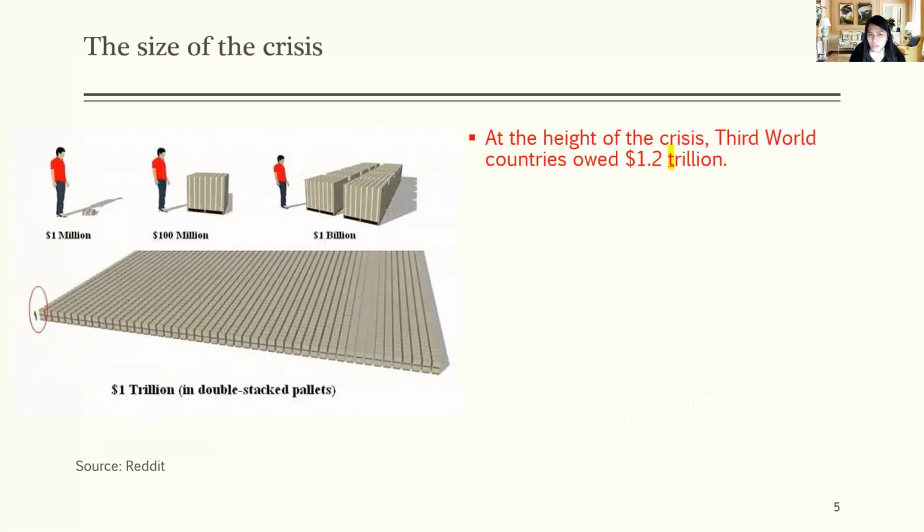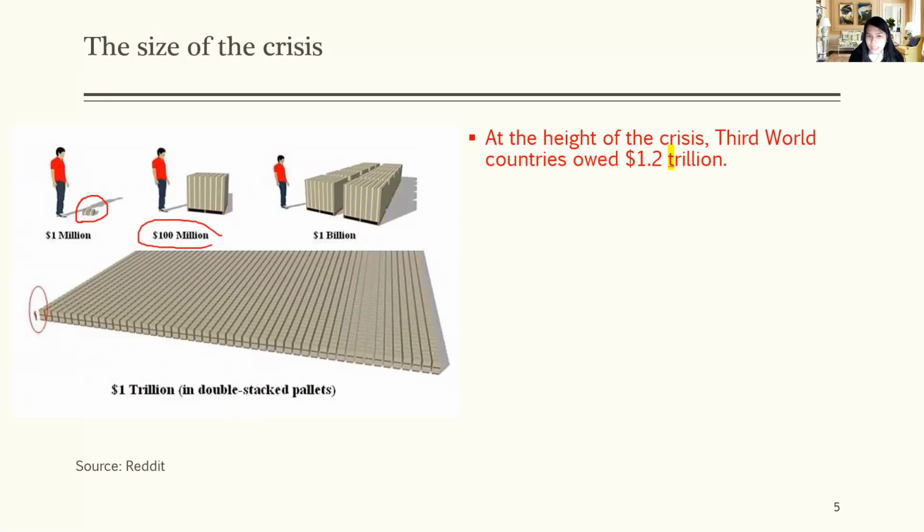So in terms of the size of the crisis, at the height of the crisis, the debtor countries owed about $1.2 trillion, okay? And that was in 1982, right? So to put it in perspective, if you've got 1 million in $100 notes, it looks like this, okay? So it's still relatively small.